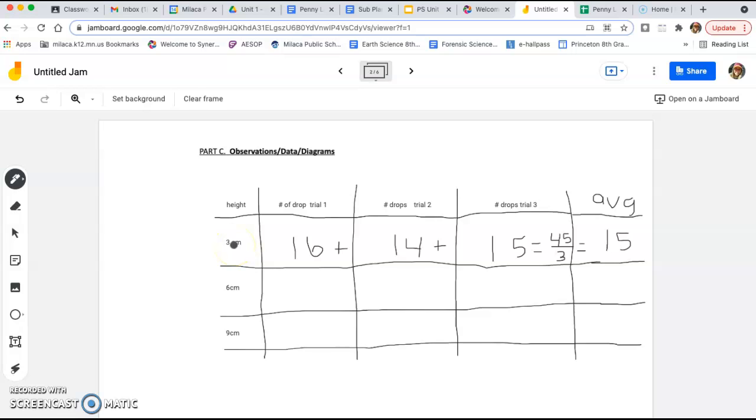Okay? If we needed another example, maybe at 6 centimeters, it was 10 and 12 and 8. So to find the average at 6 centimeters, I would do 10 plus 12 plus 8 is going to give me 30.